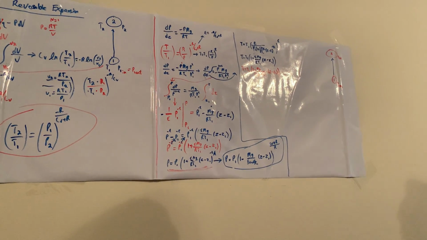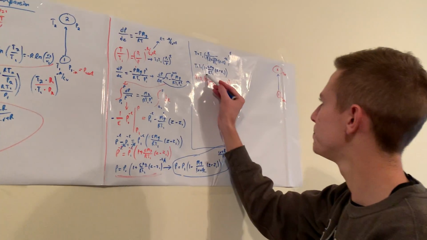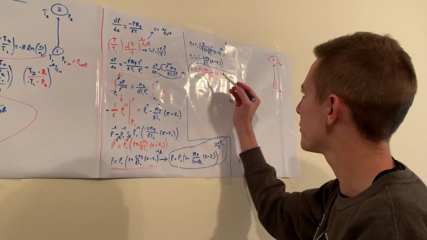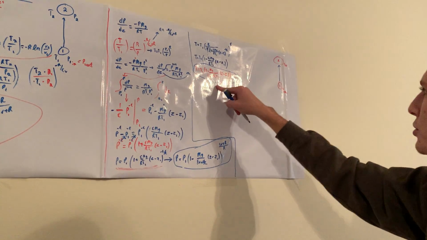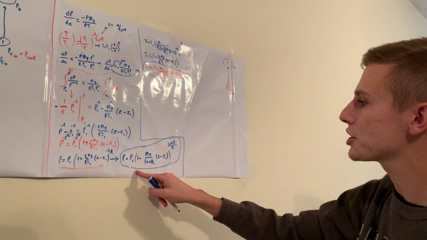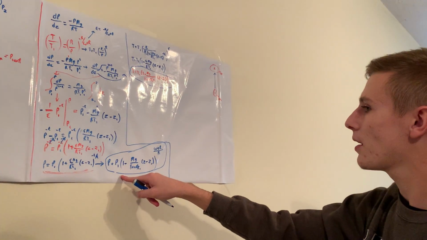And yeah, I think that is our final equation. Yep. Okay, so this is our relationship between temperature and altitude, and this is our relationship between pressure and altitude right here, as you can see.